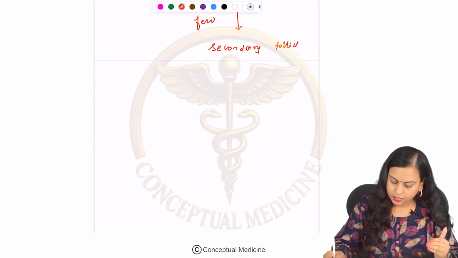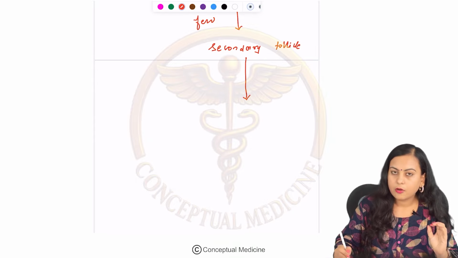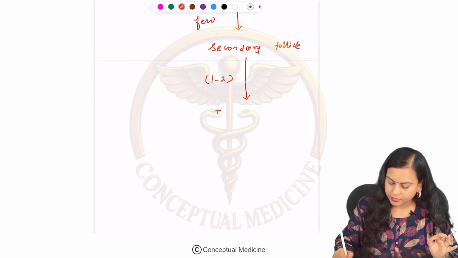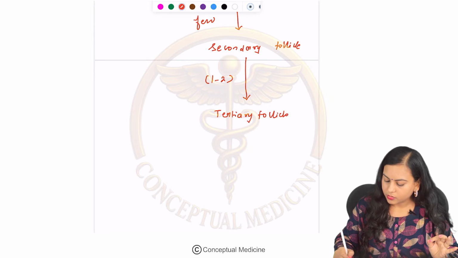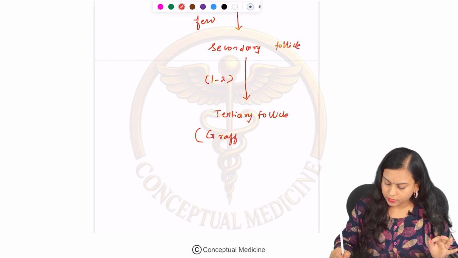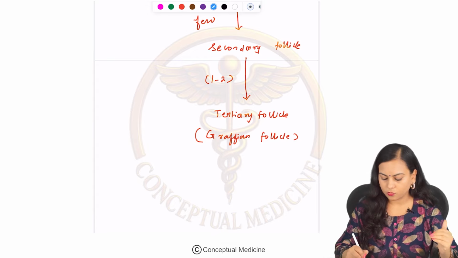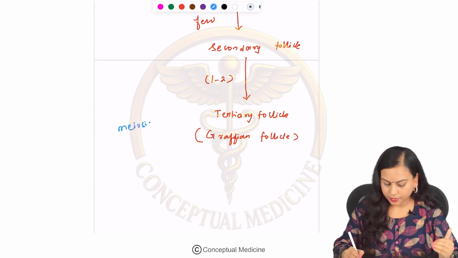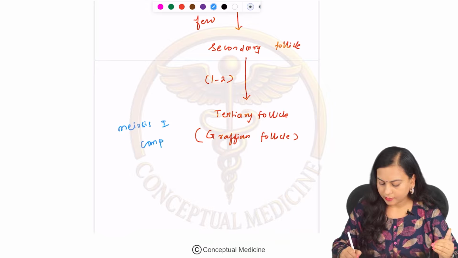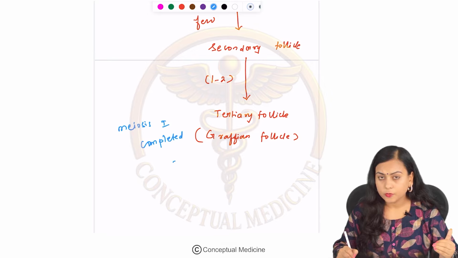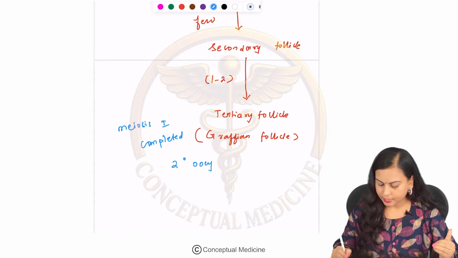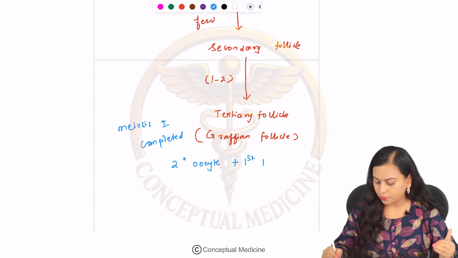From the secondary follicles, only 1 or 2 will be selected and become a tertiary follicle. It is also known as what? Yes, it is also known as the Graafian follicle. When this stage is reached, meiosis 1 will be almost completed, and you will have your secondary oocyte and your first polar body, right?